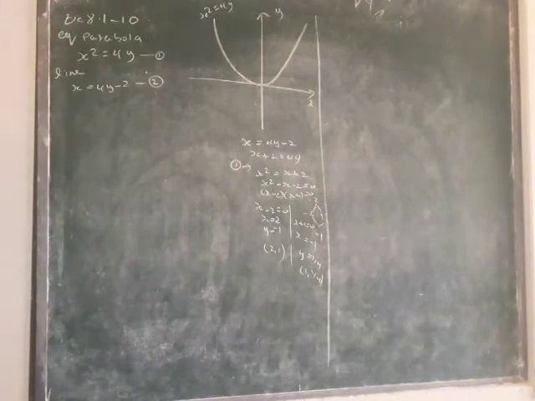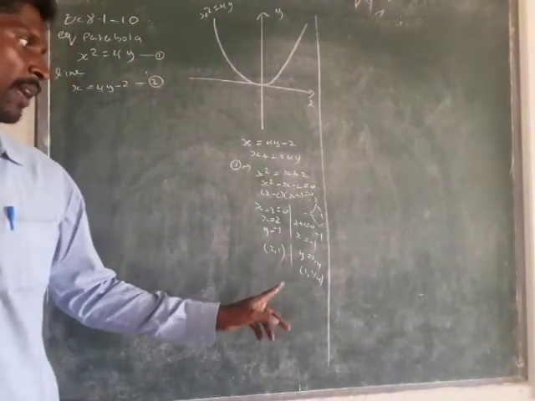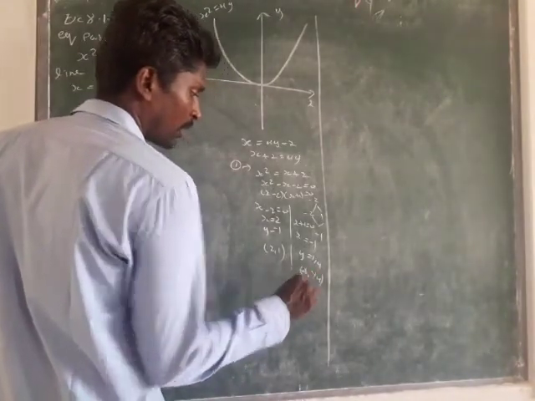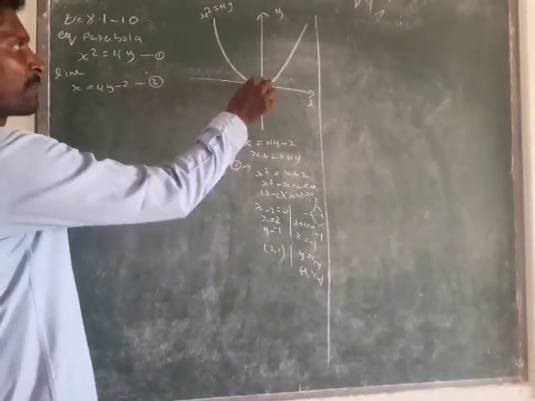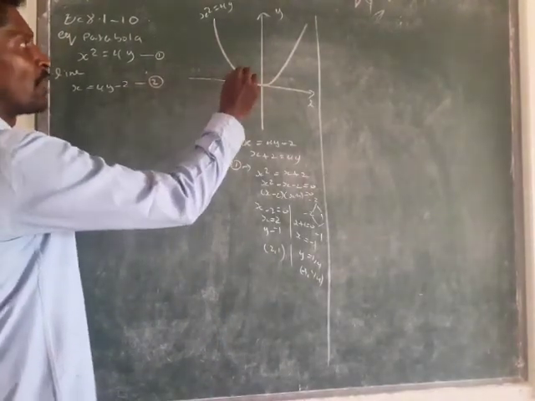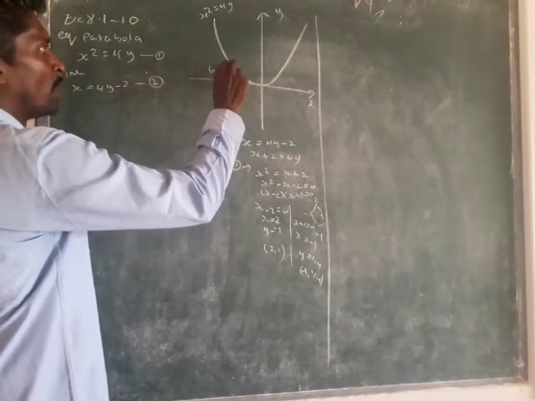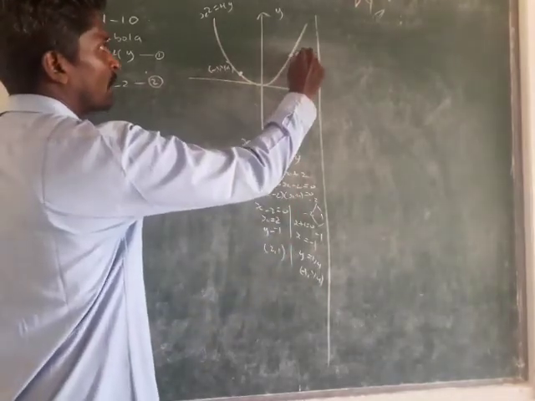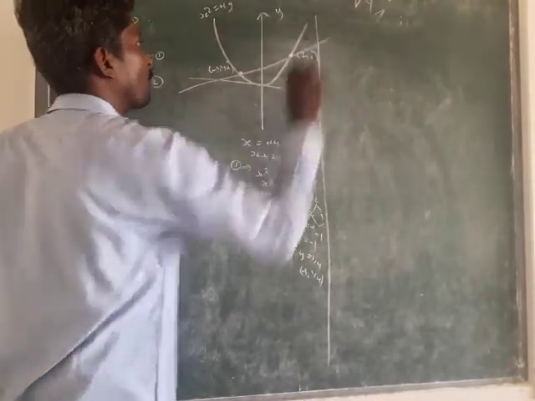The line will intersect the parabola at (2, 1) and (minus 1, 1 by 4). On my x-axis the negative value lies here, so approximately I take this point minus 1, 1 by 4, then 2, 1 approximately here. The line passes through and intersects the parabola at 2 points.